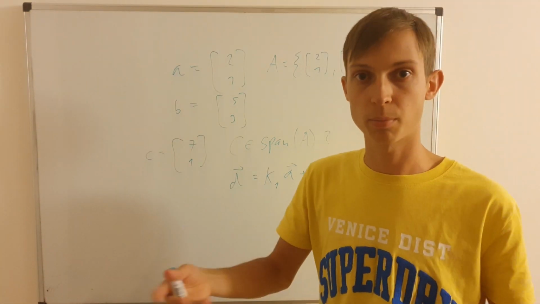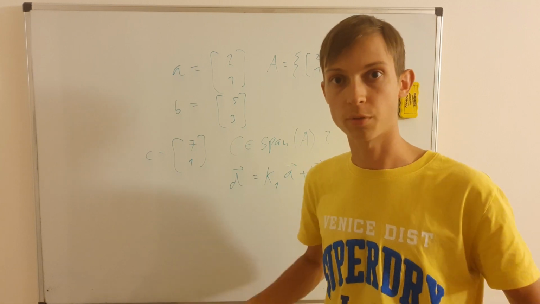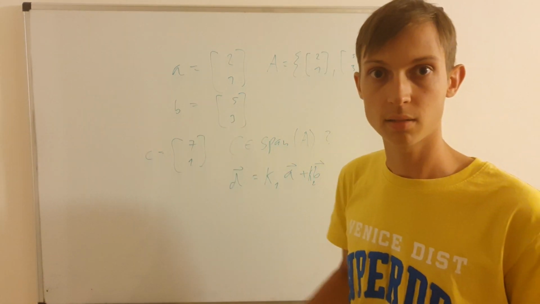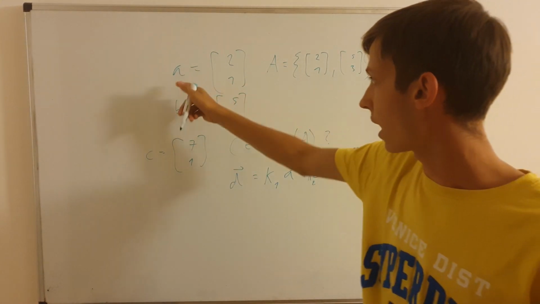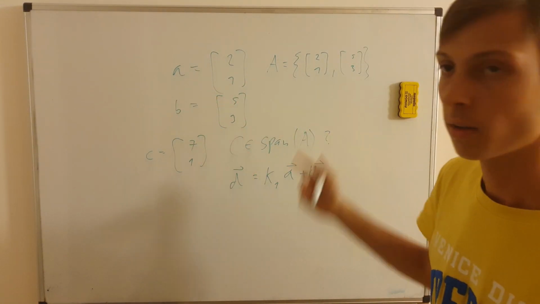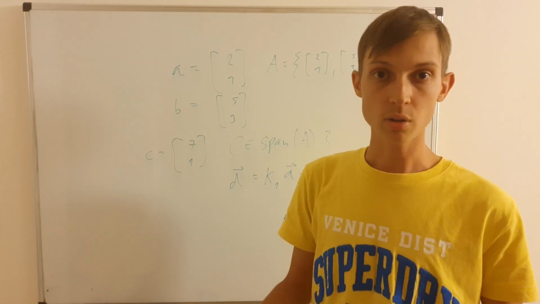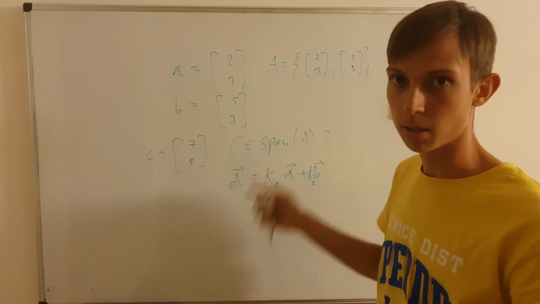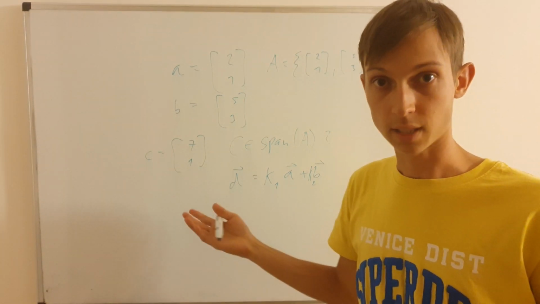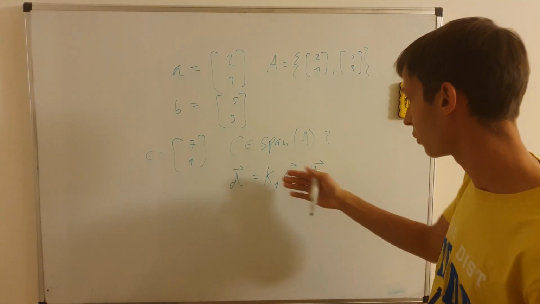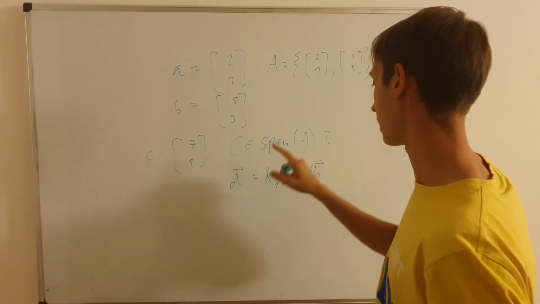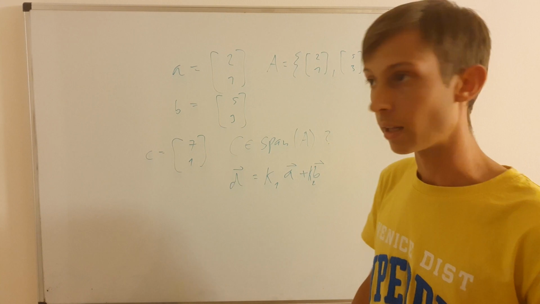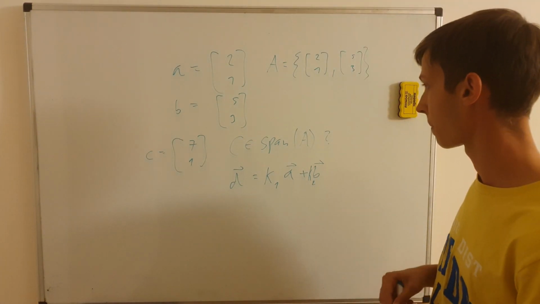D represents all the different members of the span of A and B, all the different vectors that come about when we take vector A and vector B and put them together as a linear combination. A linear combination basically just means adding up these two vectors, but each of them can be multiplied by whatever scalar quantity. Let's say we add up A and B, but A is multiplied by 2 and B is multiplied by pi. As an example, that belongs to the span.